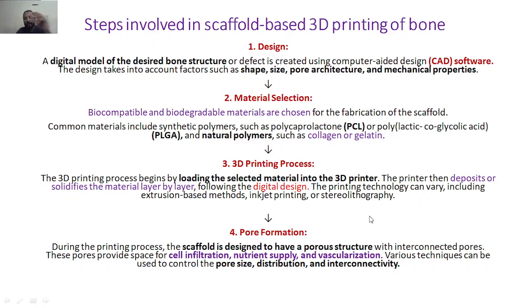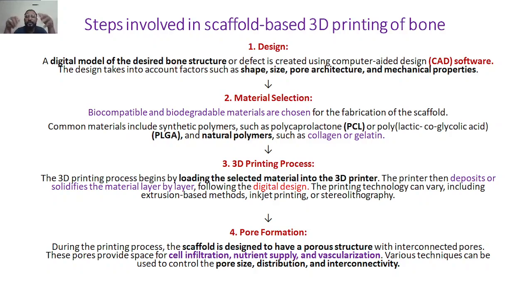Next, pore formation. Pores need to be formed, right? During the printing process, the scaffold is designed to have a porous structure. That means the structure should have a number of pores. Interconnected pores are required for cell mobility as well as nutrient transportation.